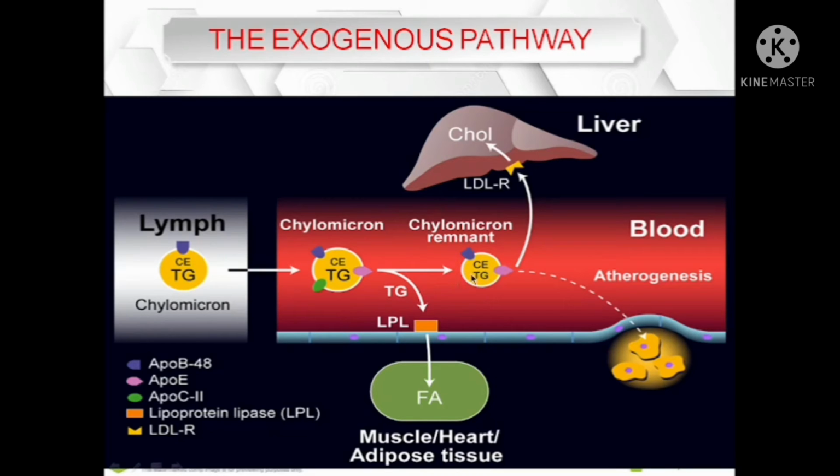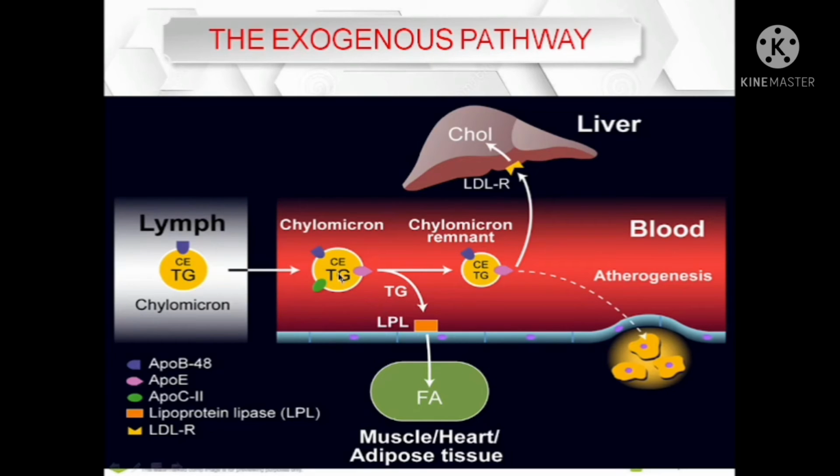So folks, you have to understand the process here. You know how important high density lipoprotein, HDL, is in this. It is not showing here, but always remember that HDL is in circulation. Once chylomicron appears, HDL says, hey my friend, you are welcome into my territory.